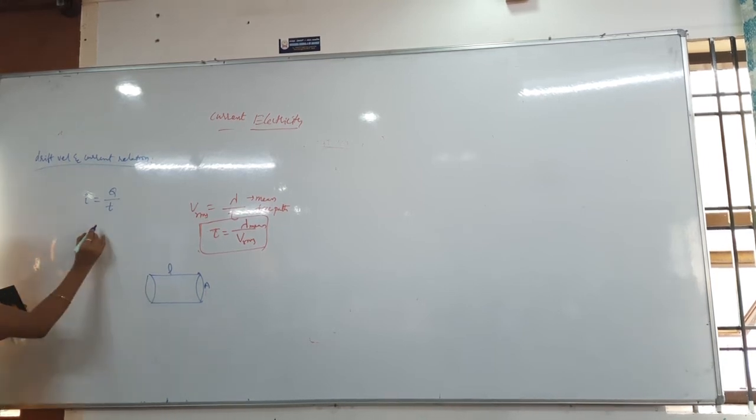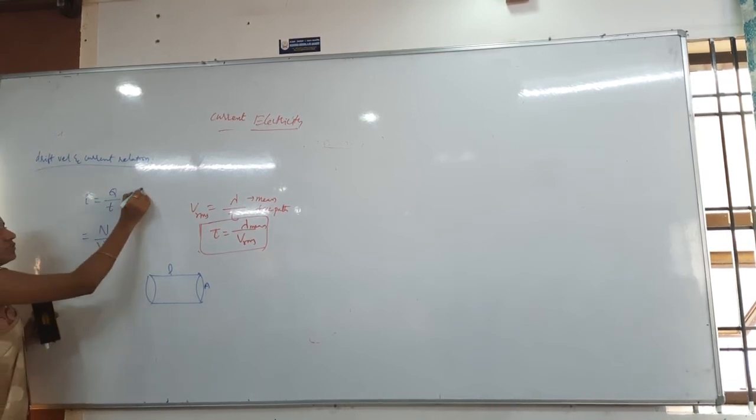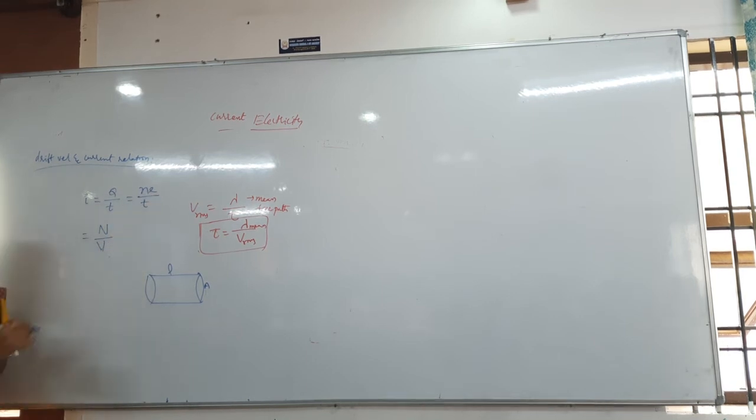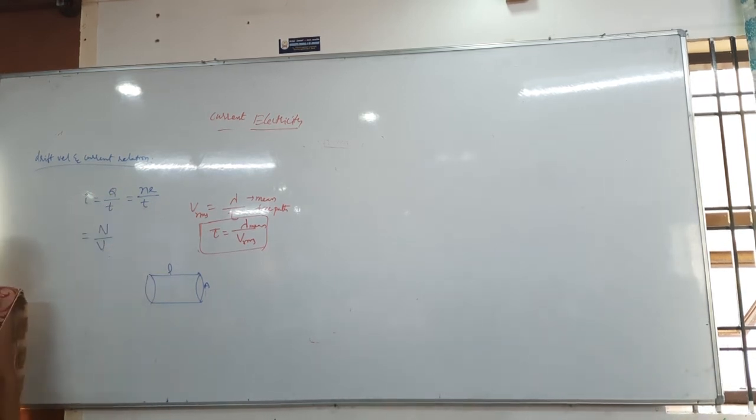So the original number of electrons is N divided by volume. What is the formula for Q first of all? Q is equal to n into E only. Q is equal to NE divided by time only. You already know the quantization of charge. So Q is equal to n into E. Here n indicates the number of electrons per volume only.